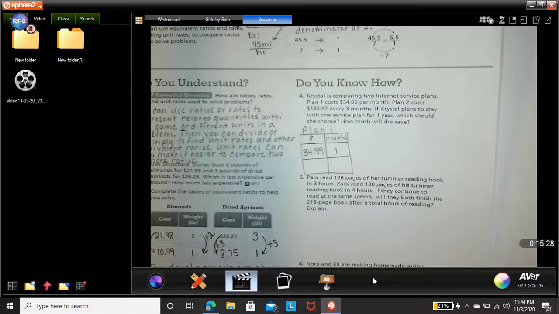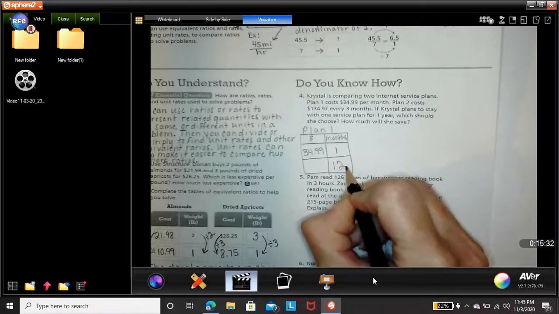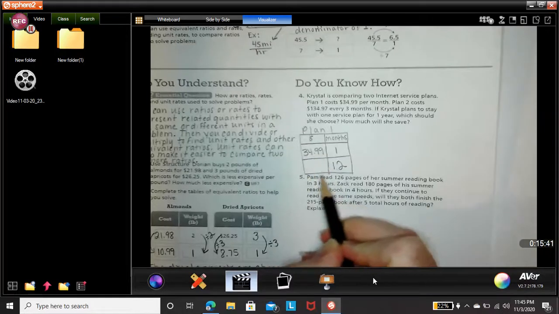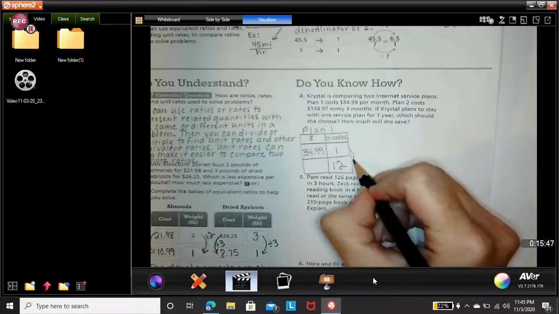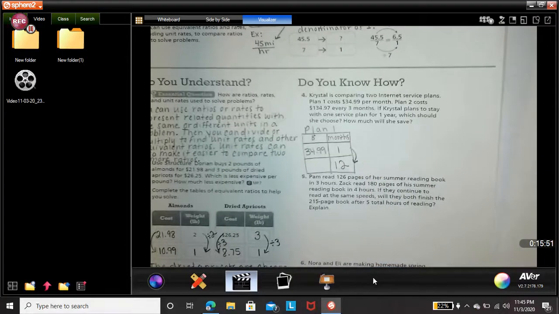Since we want to calculate for a year, and this column represents months, we would use the number 12 to represent 12 months in the year. Now we don't know how much the plan is going to cost for that year yet, so we're going to look to see if we can identify the operation and the number we're going to use to solve this problem.